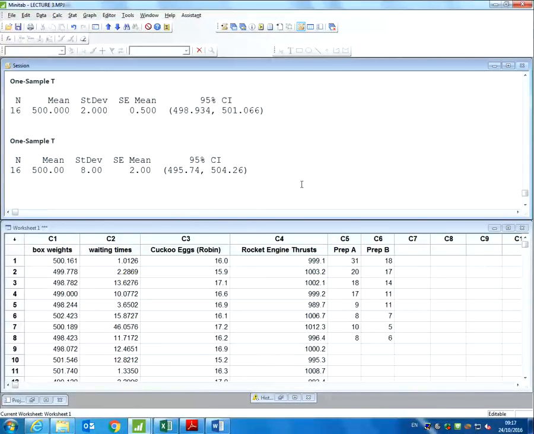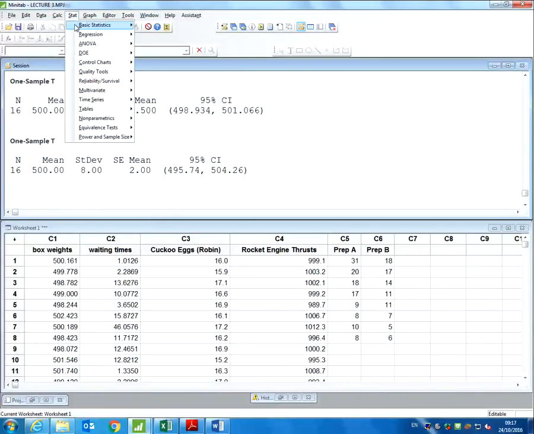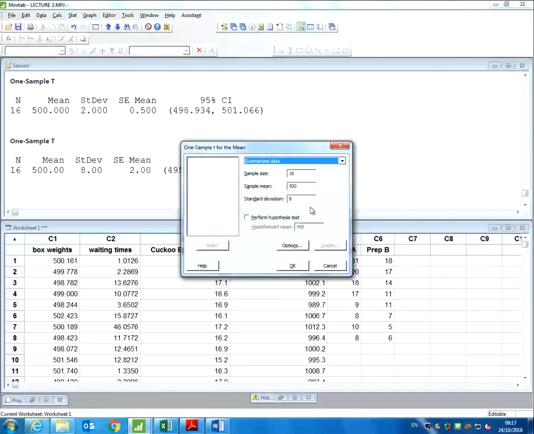Okay, I'm going to change something else now. I'm going to go back to Stat, Basic Stats, 1 Sample t. Standard deviation going back to 2 grams. Instead of the sample size of 16, the sample size will be 64. I want you to make a prediction. Hands up who thinks the interval will get wider, that's less precise. Hands up who thinks it'll get narrower, more precise.